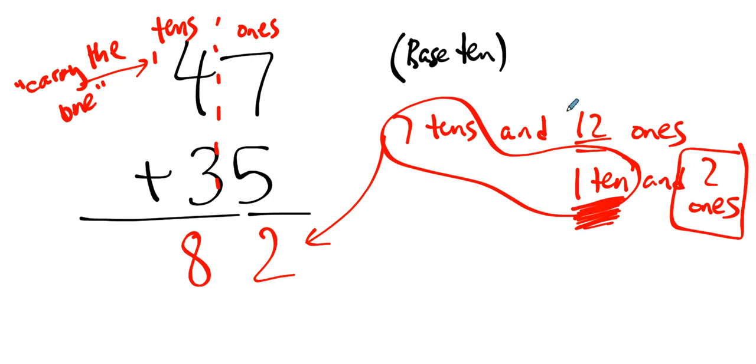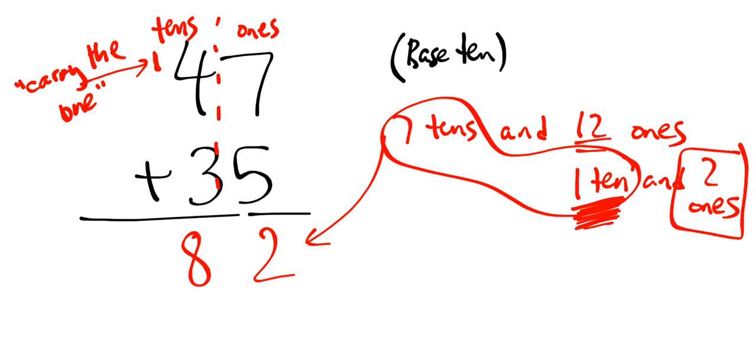Because these 12 ones have a 10 in there. And we bring that 10 to the place where it belongs. And then we have 1 ten and 4 tens and 3 tens. That's 8 tens. So we carry the 1 because we need to put a 10 where it belongs. That's the huge key.